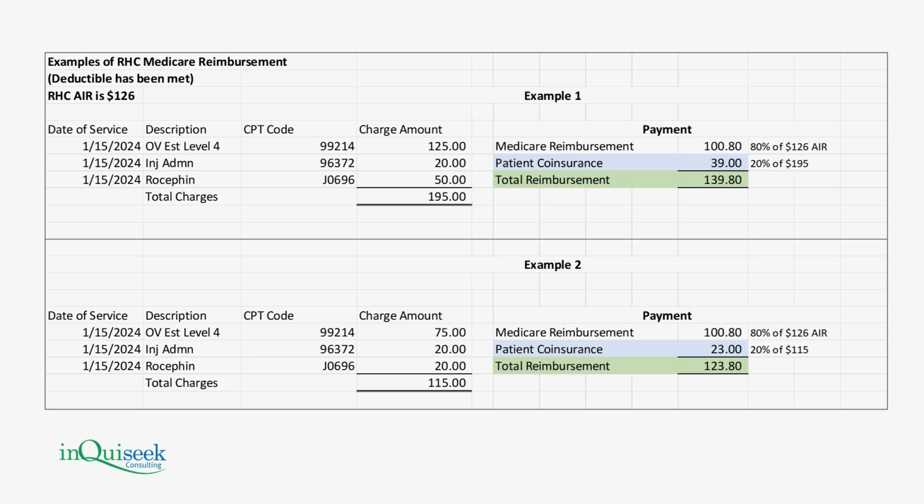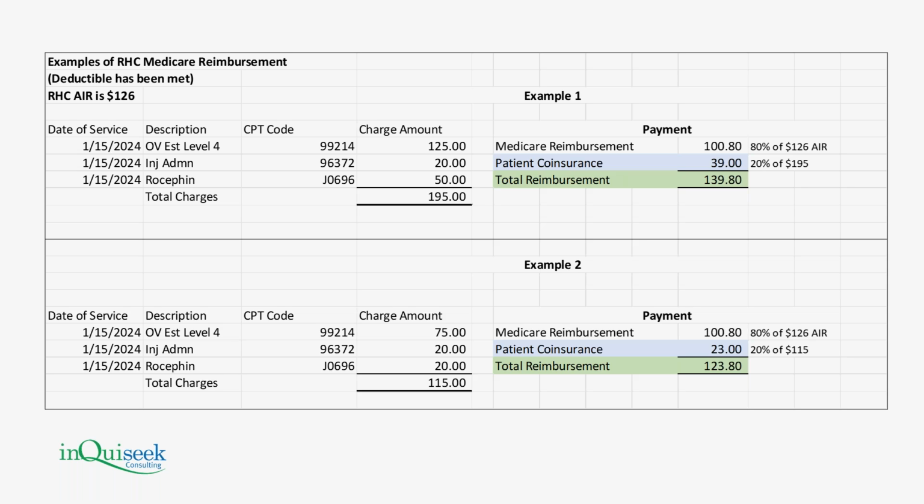In this case, we're going to get the 80% of the AIR. We're going to get the $100.80 from our Medicare contractor, but our coinsurance is going to be reduced because it's 20% of 115. So the more your charges are, the higher your charges are, the more coinsurance your patient will pay. This gets to be really tricky. These are independent clinic examples for our clinics that have grandfathered rates that are much higher.